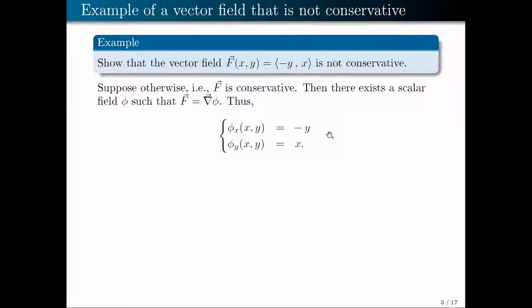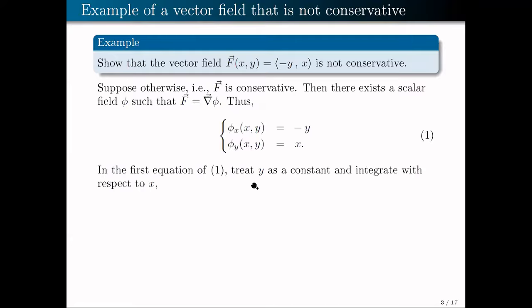Okay, so we want to solve for phi. We're given here the partial derivatives with respect to x and y. To find phi, we integrate with respect to x or with respect to y. Let's consider first this equation, phi sub x equals negative y. Here we treat y as a constant and integrate with respect to x.